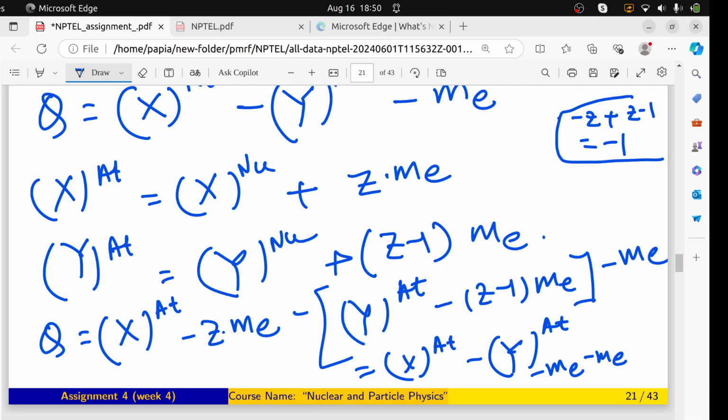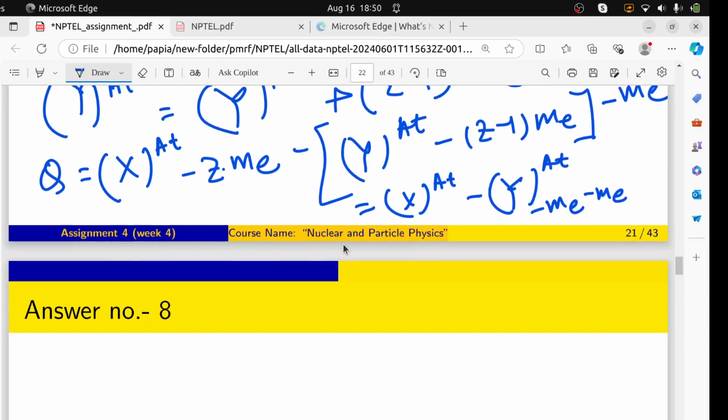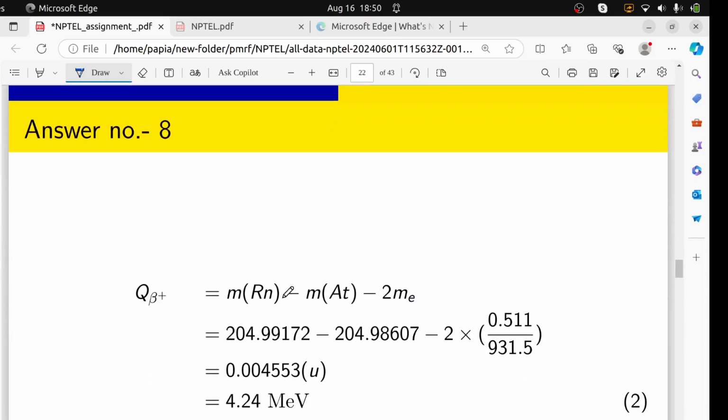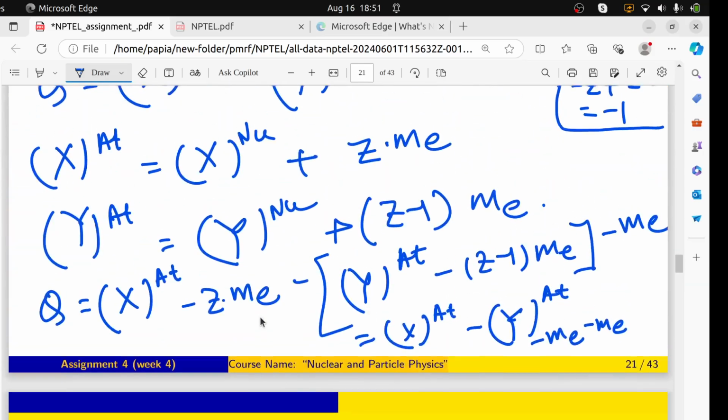So X atomic minus Y atomic minus 2 me, that will be the Q value for beta plus decay. So I have written here also atomic mass of Rn minus atomic mass of astatine minus 2 into me will give the Q value for this calculation.